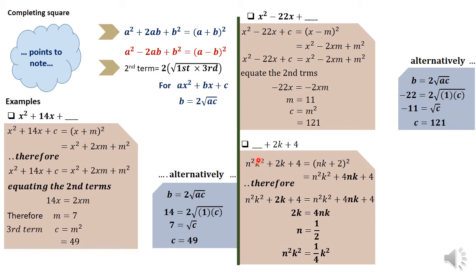Therefore, the expression we were not given here was n squared k squared, and the n squared is a quarter, so it's actually a quarter k squared. That person should have put here a quarter k squared to make it a perfect square. The other approach is we use the expression we have been using in the previous two questions, b equals 2 square root of ac, replacing.